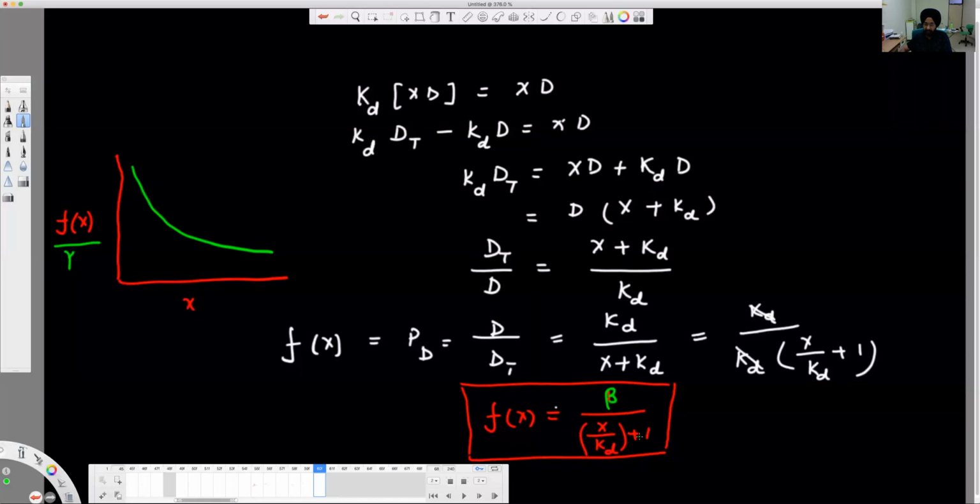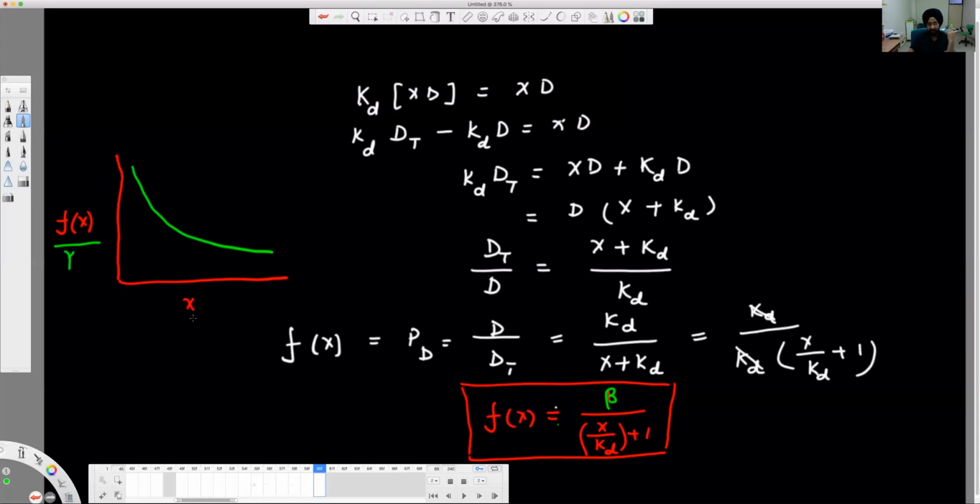So when do you think that half the production is reached? It's a typical chemistry question. Even if you consider this as 1, the maximum production rate, when do you think that it will reach half the production? When x is equal to Kd, right? Then this becomes 2, then it will be beta by 2.